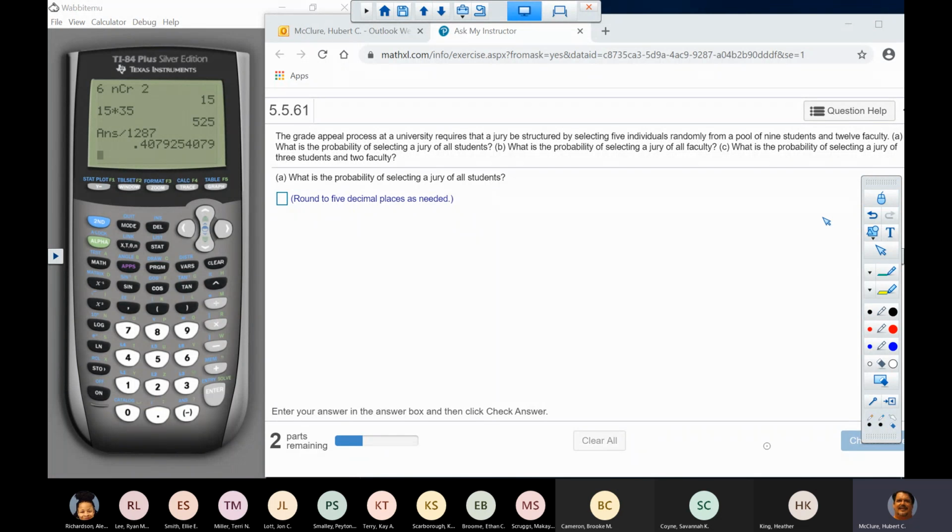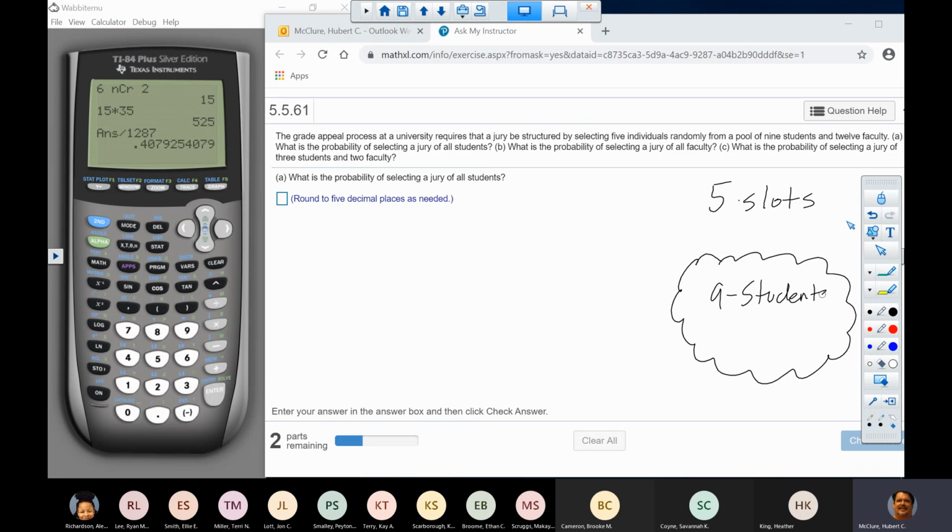So I'm going to write all that out for you. 5 slots. And the pool, or the people, are going to come from 9 students and 12 faculty.